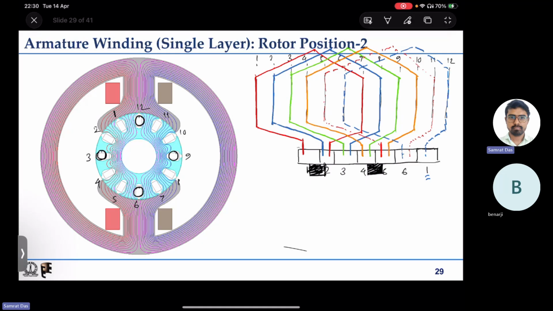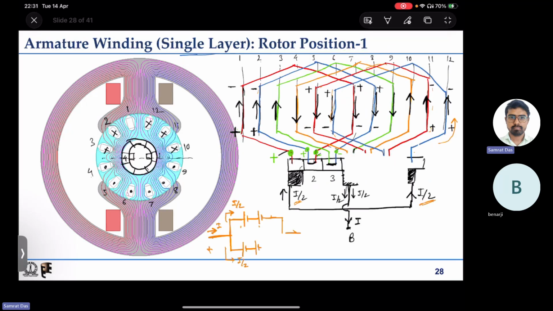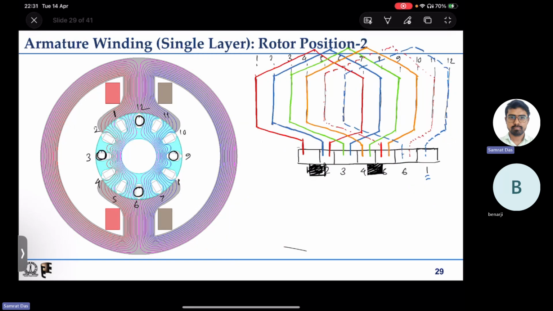Is it correct? The brush location or the namings of the coils, are they correct? Because 1, 2, 3, 4, 5, 6, 7, 8, that is fine. And 6, yes, that is correct.